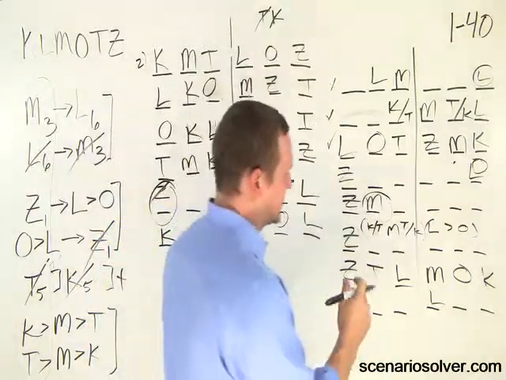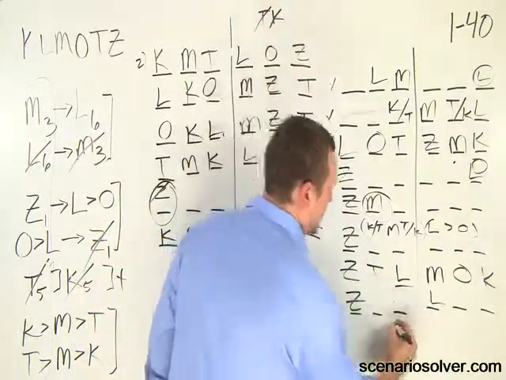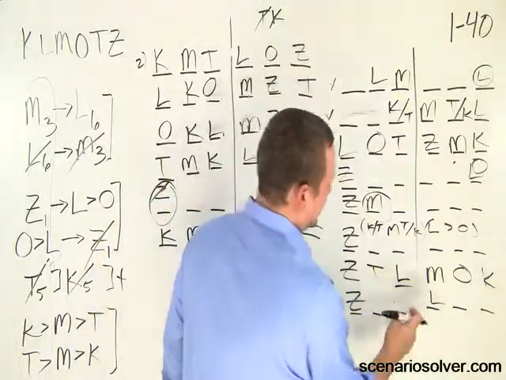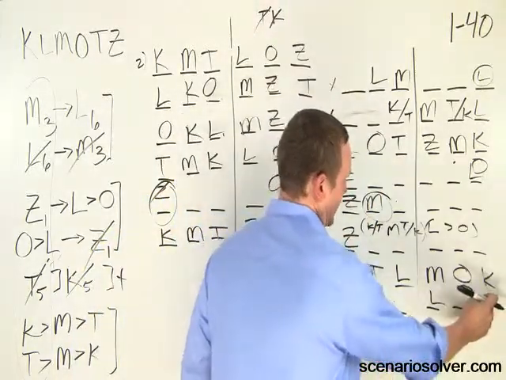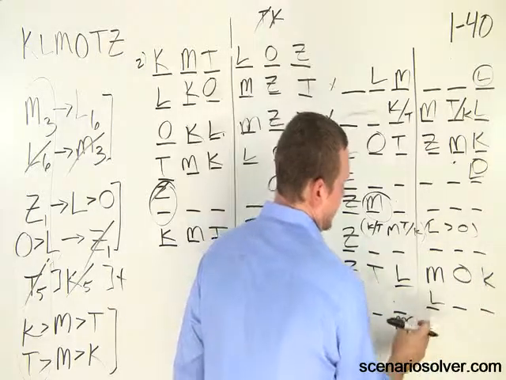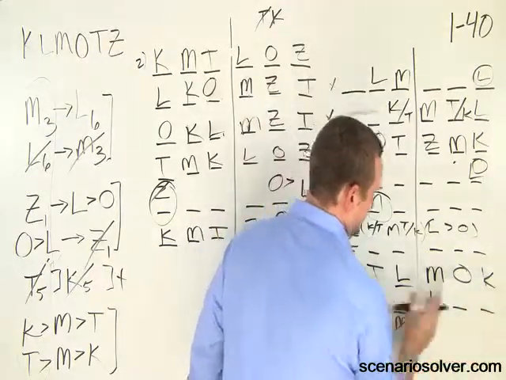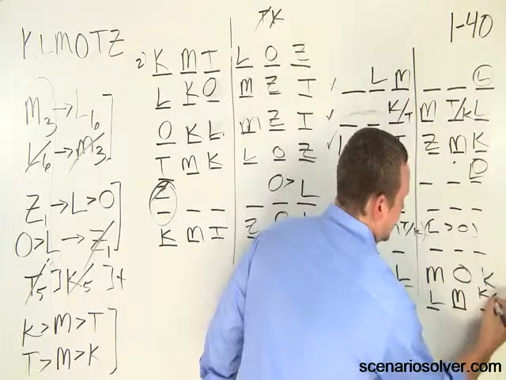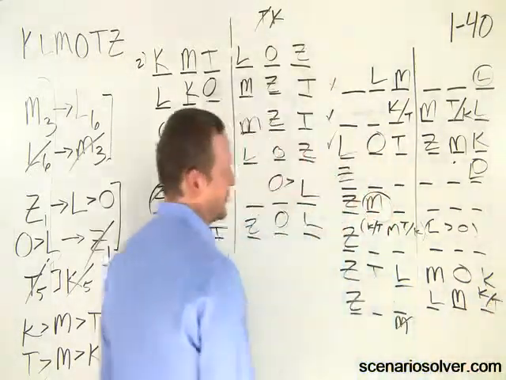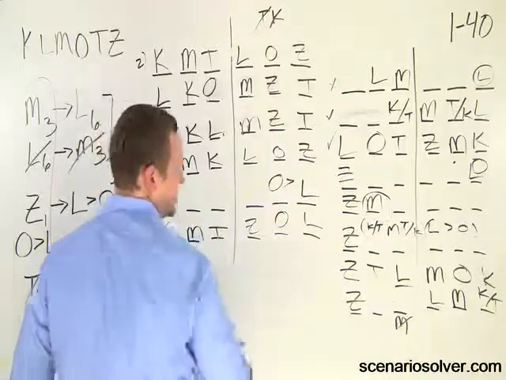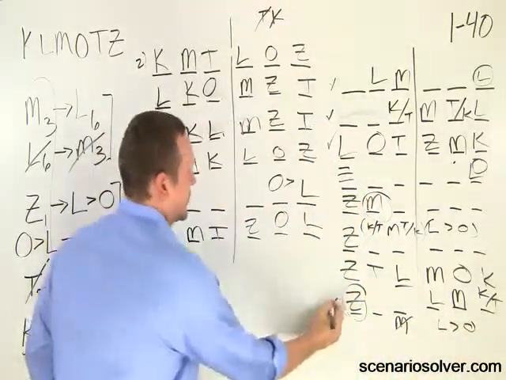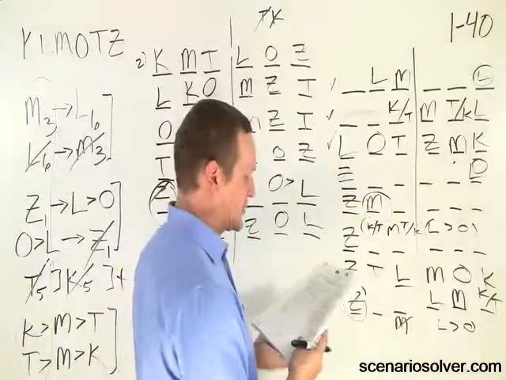I cannot put M here. That will not work because if I put M here, I need L there. And I know that M has to be sandwiched between K and T. So I've got to put an M here. I've got to put a K or a T here. And the problem is that if I have Z first, I need L to go before O. So this could never work. D is the answer to the question.